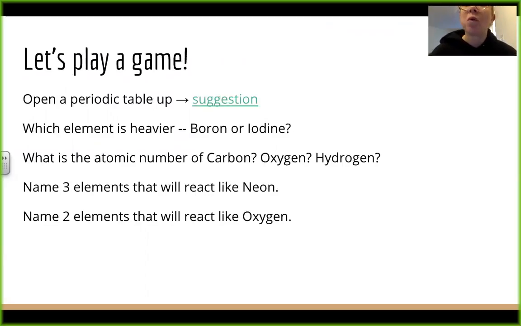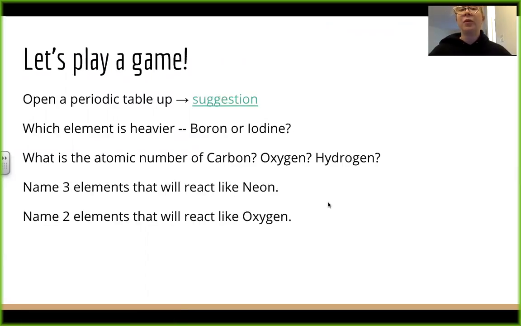All right, what you're doing is you're looking at a periodic table. Right above where you asked, I sent a link to one. You could also Google one, and you are answering these questions. Which element is heavier, boron or iodine? What is the atomic number of carbon, oxygen, hydrogen?